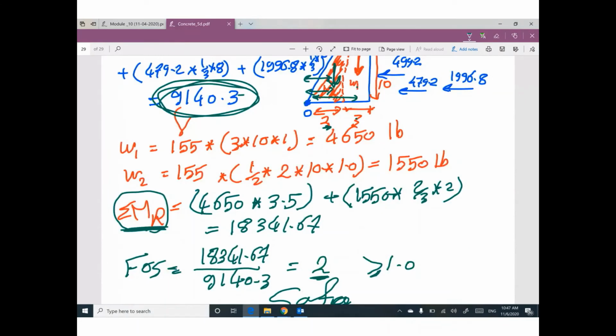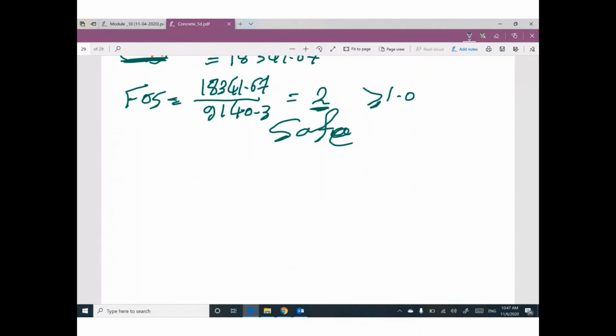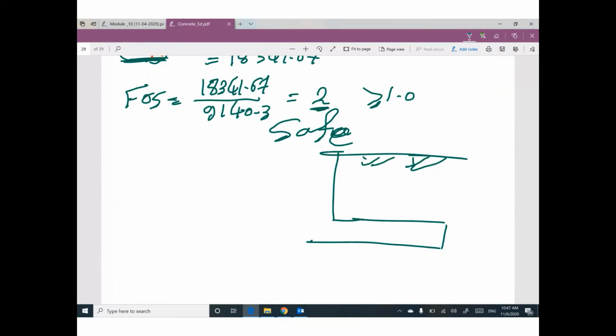If you have part of the retaining wall and you have soil above this part, this part of the soil will also have a weight supporting this retaining wall from overturning about this point. That makes sense?